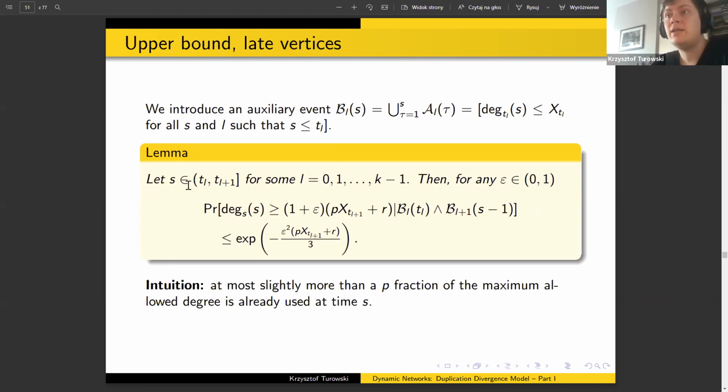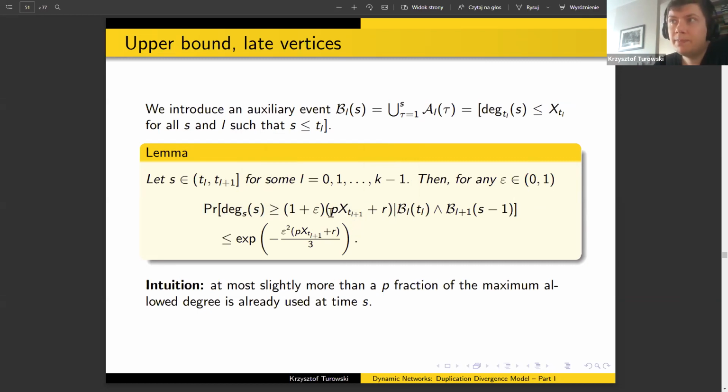If we take any single interval, t_l plus 1, we can prove that its initial degree cannot be greater than 1 plus epsilon plus some linear function of x of t_l plus 1.